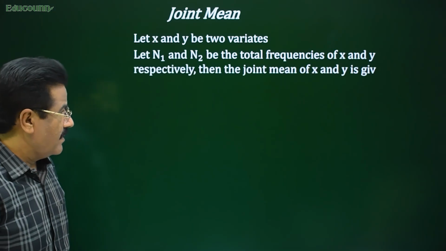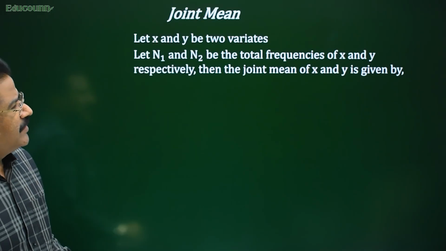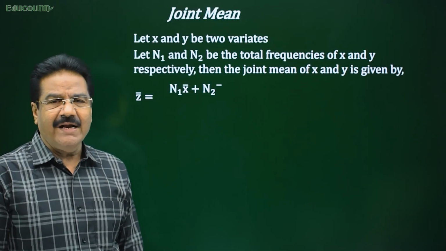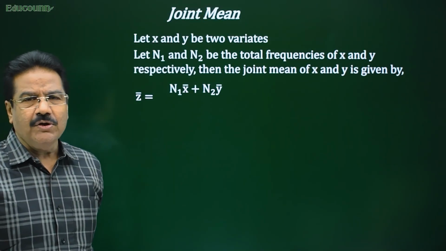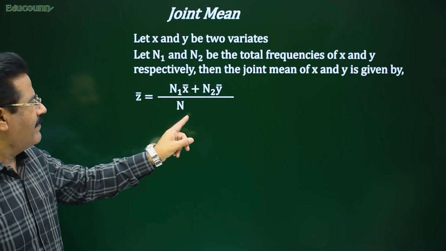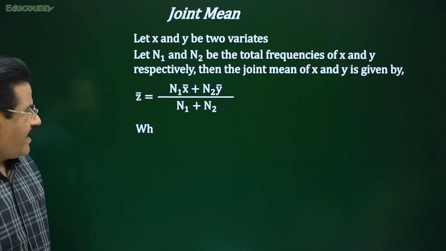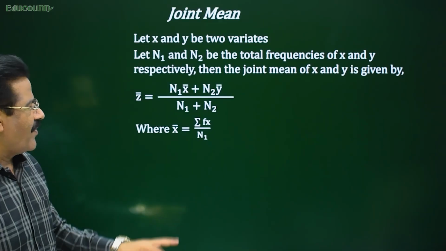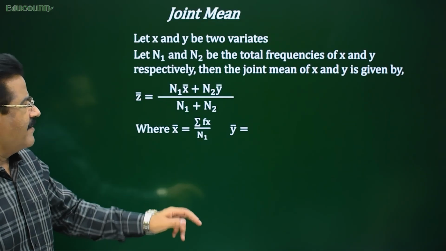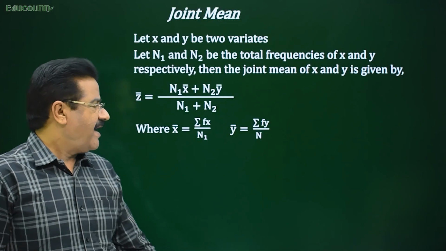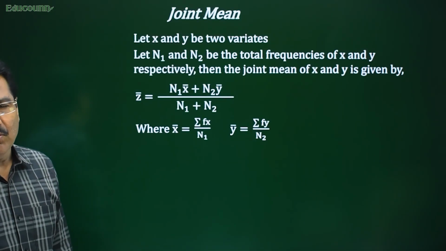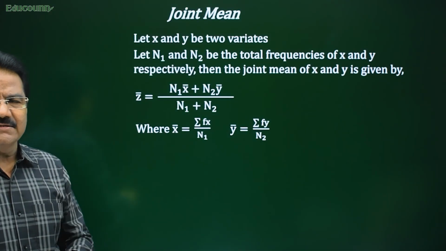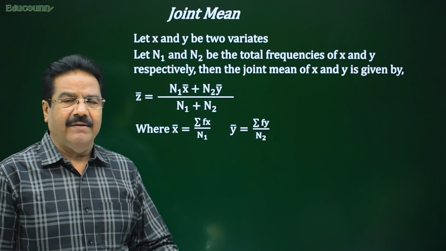Then the joint mean of x and y is denoted by symbol z bar, and which is equal to n1 into x bar plus n2 into y bar upon n1 plus n2, where x bar is equal to summation of f into x upon n1 and y bar is equal to summation of f into y upon n2. So this is called as joint mean when two variates x and y are given.